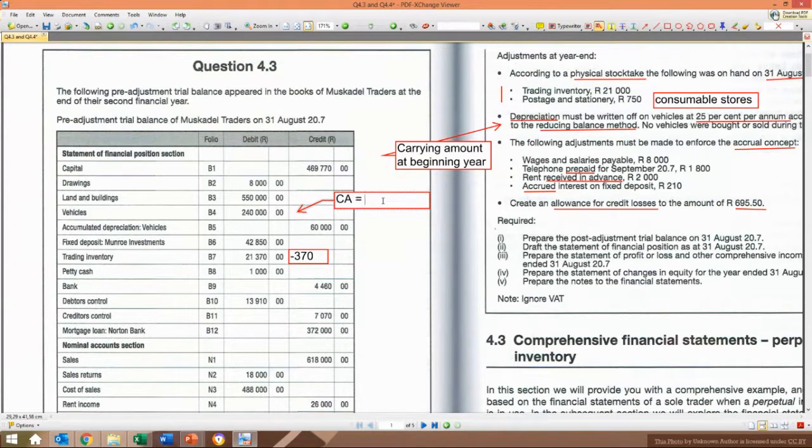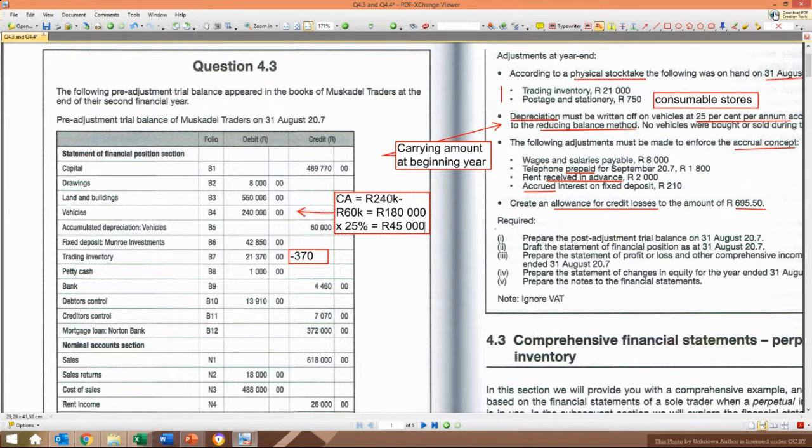So our carrying amount is the 240,000 less the 60K, which means our carrying amount at that stage is 180,000. Okay, so that's our carrying amount, and we will apply the 25% on that to give us a depreciation amount of 45,000.